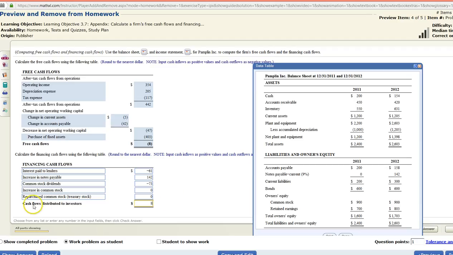So if you look at the cash flow, financing cash flows distributed to investors, this is 8. And the free cash flow is -8. And that suggests we have got the right number. That gives us much more confidence in this number, because we said the free cash flow should be the negative of the financing cash flow, and that's the case here.